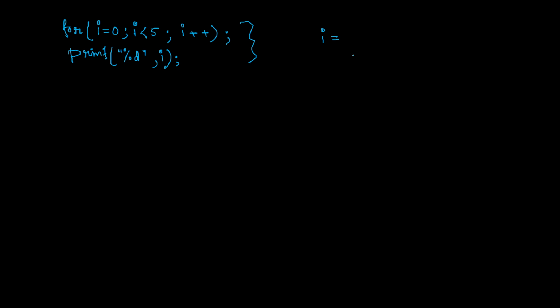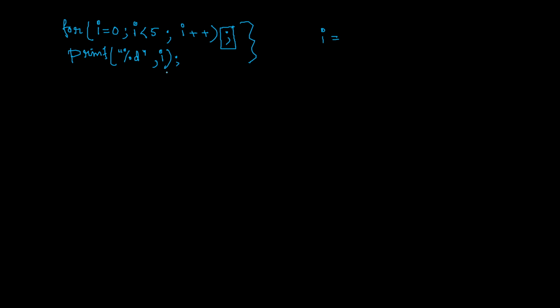Most of the people will say 0, 1, 2, 3, 4, which is not true, because most of the people will first of all ignore the semicolon given. Other people will think that this is a syntactical error if they do not have the knowledge, and very few people will realize that due to this semicolon, this for loop is itself a blank loop, and this printf statement is an independent statement.